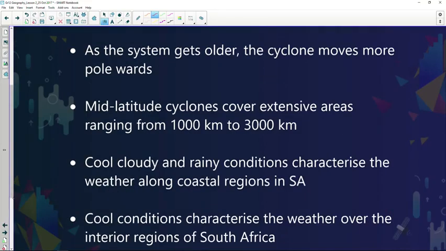Now, if you look at mid-latitude cyclones, they're quite massive low pressure systems. They can range between 1,000 to 300,000 kilometers in diameter. And I mean, a mid-latitude cyclone, all of South Africa is affected by it.